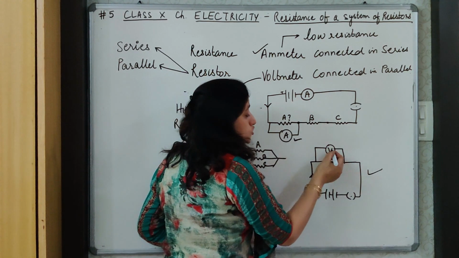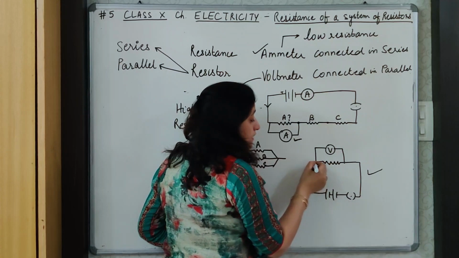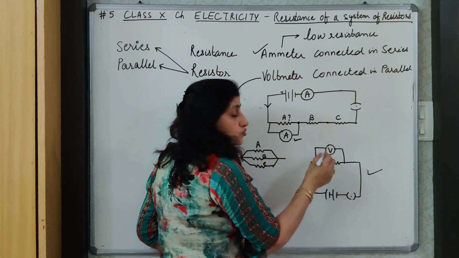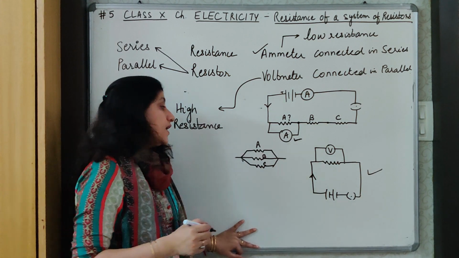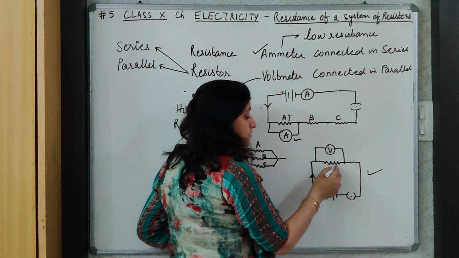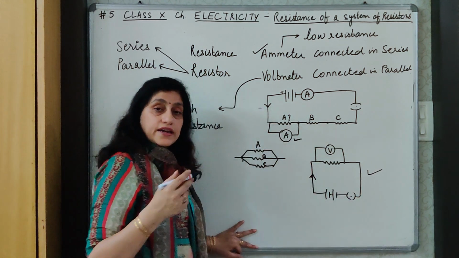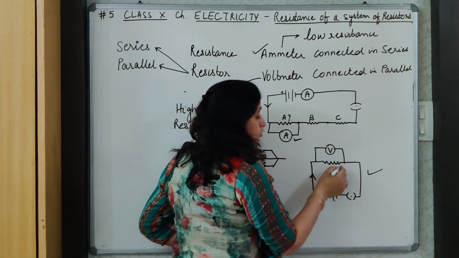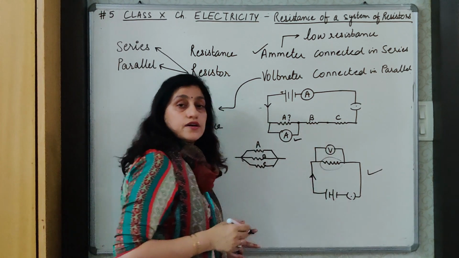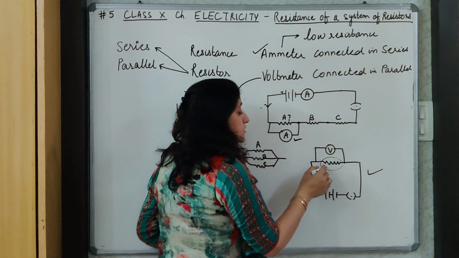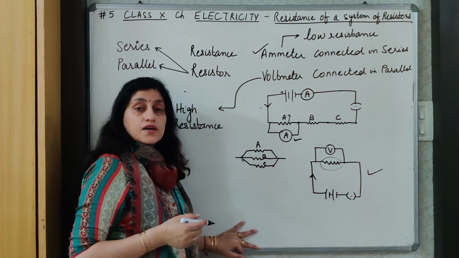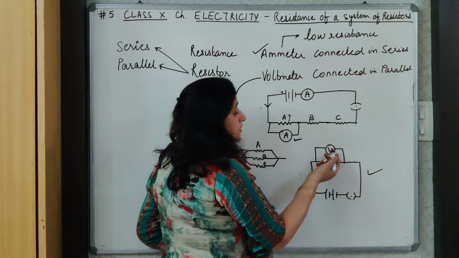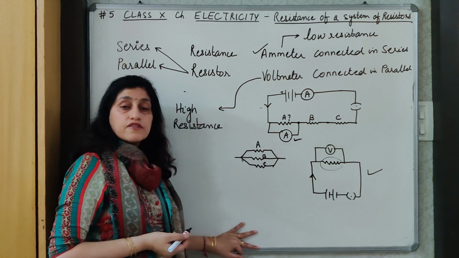So between these two, the current will make a choice of flowing through the resistance. And because the current will flow through this resistance, we will get the correct value of the current, and the potential difference across it can be recorded. The amount of current flowing through it we can record easily over here, and the potential difference we can record here.